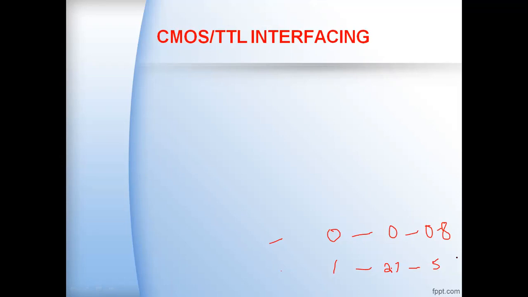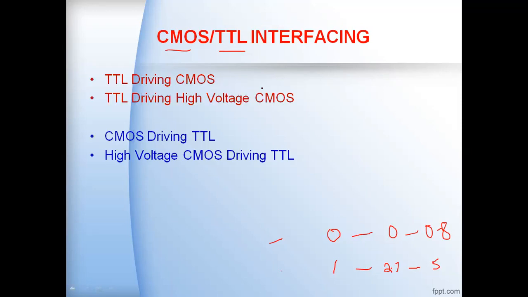Out of the different logic families, we will take the most commonly used or most widely used logic family gates, CMOS logic gates and TTL logic gates. So our focus here is the interfacing between CMOS and TTL gates. Now here we can see two types of conditions.